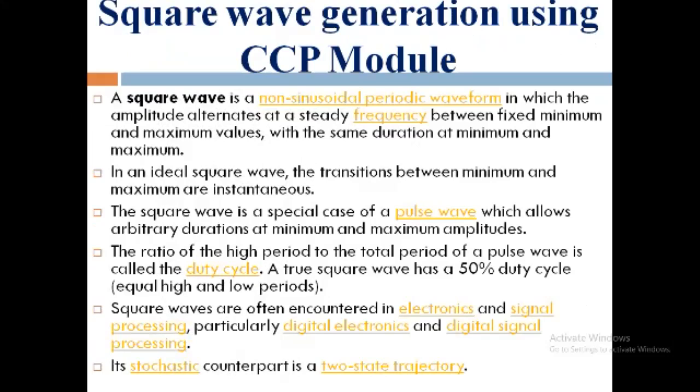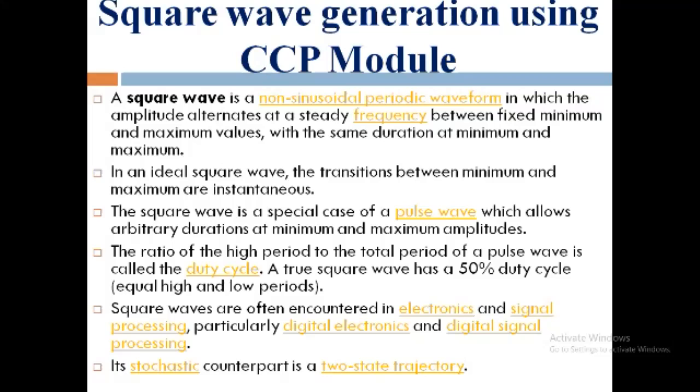The square wave is a special case of a pulse wave which allows arbitrary durations at minimum and maximum amplitudes. The ratio of the high period to the total period of a pulse wave is called the duty cycle. A true square wave has a 50% duty cycle, that is equal high and low periods in the square waveform fashion.